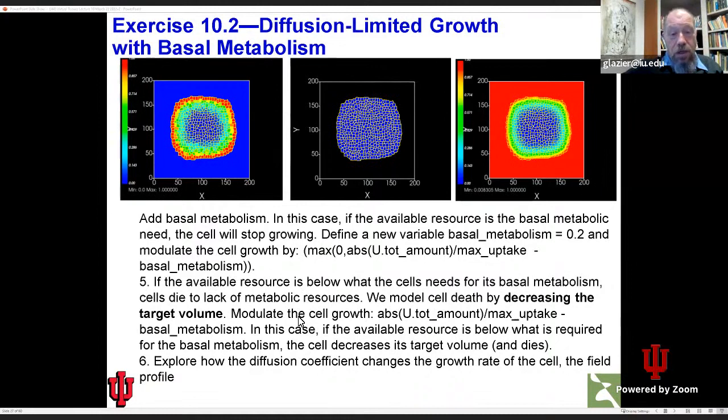And two of you, say Connor and Alex, try having the growth rate be able to be negative. So it's just the amount taken up minus the basal metabolism. And let's compare that.